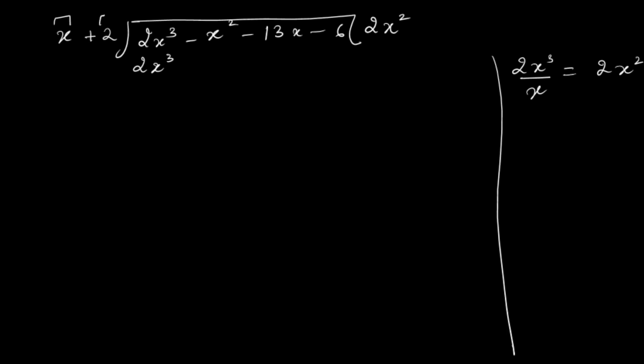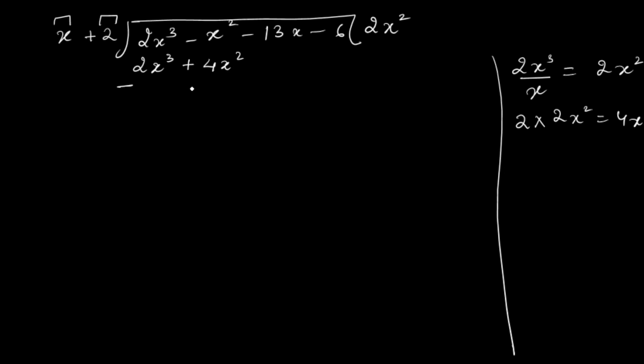Now with this 2x square we multiply the second term of the divisor, 2 into 2x square is 4x square. We write this under the like term, minus x square.